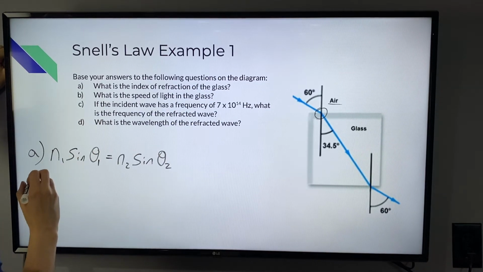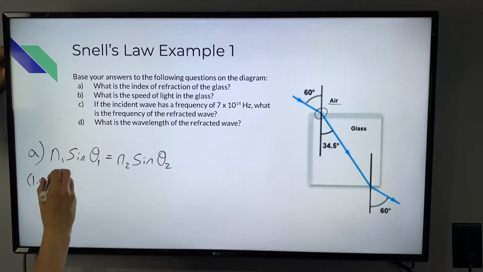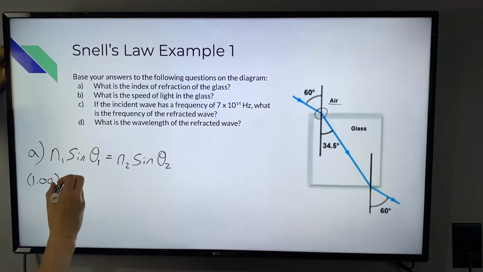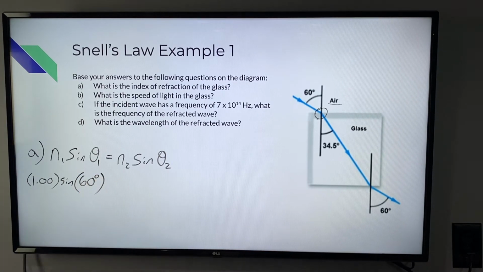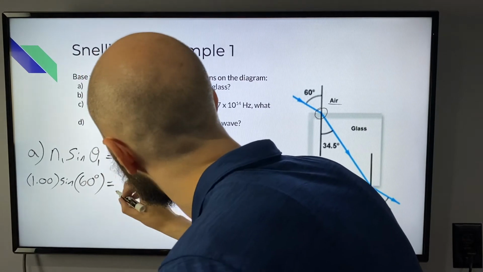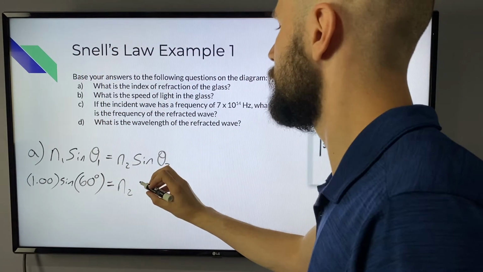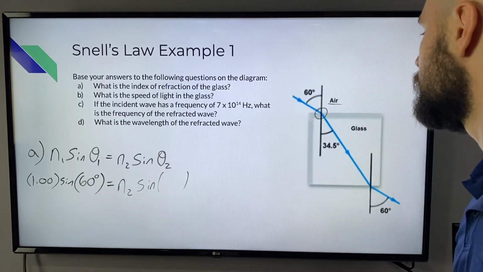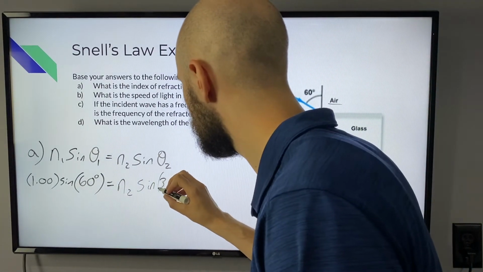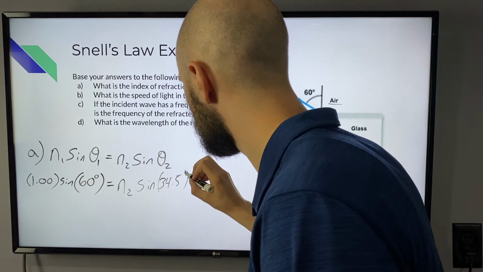I know the index of refraction of air is 1.00, and the incoming angle is 60 degrees. I don't know n2, but we do know the angle at which it's being refracted. That's 34.5 degrees. Cool.